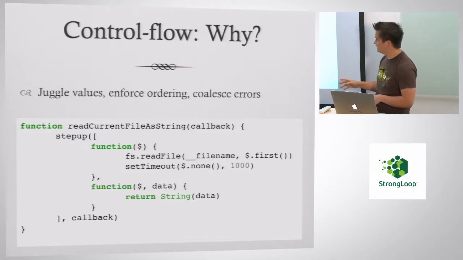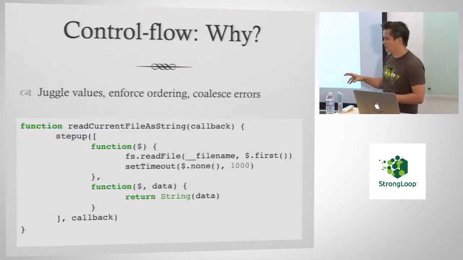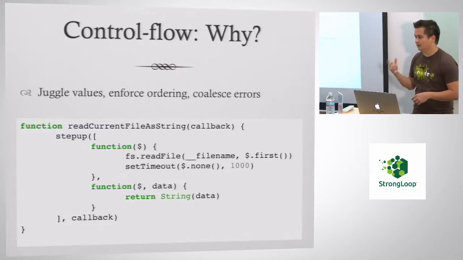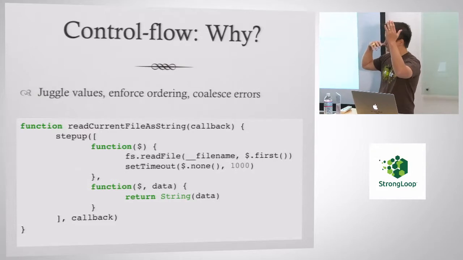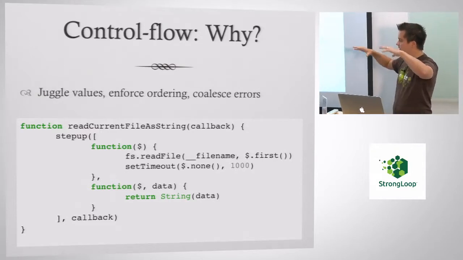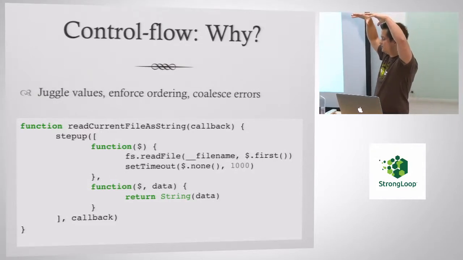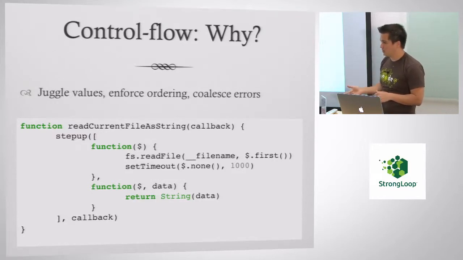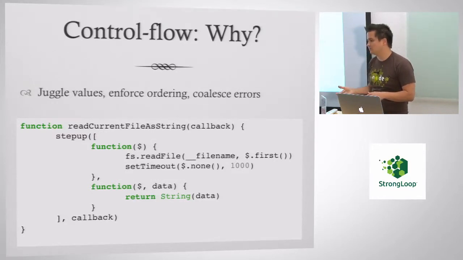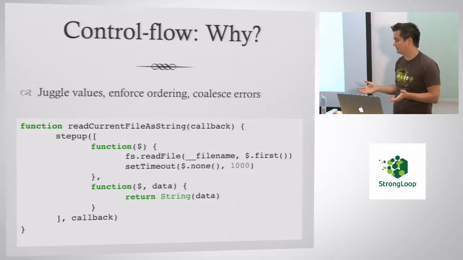But the point here is that this is not unique to callback-based control flow. It's also applicable to promise-based control flow. So it's important to think of these as two separate tiers. There's an asynchrony tier, and on top of the asynchrony tier, you can have a layer of control flow. I'll talk towards the end, which is pretty much right now, about Co. Co is a library which lets you use different types of asynchrony.